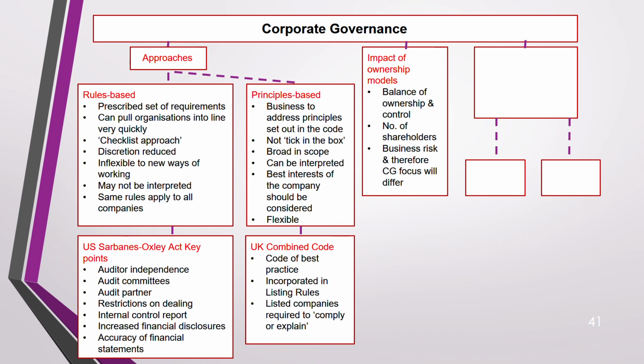Because of these differences in ownership, whether you're a family business or not, your business risk will be different, and your corporate governance issues also will be different. Then we went to the governance codes which could be applied in multiple jurisdictions. One is OECD, the other is ICGN, and both are principle based. Rule based is only the US Sarbanes-Oxley Act. Everything else we have covered is principles.